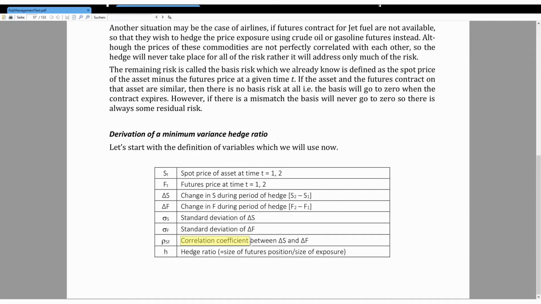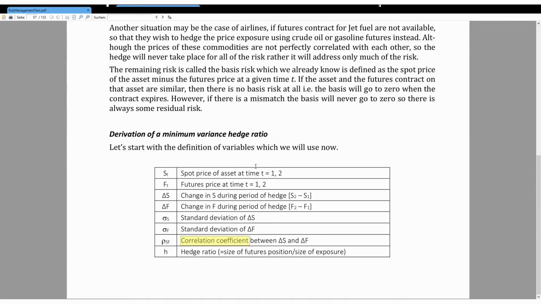If one goes up, the other one goes down. If it's positive, then they both go up most of the time. If it's exactly +1, it means those two variables are going up at the same time or going down at the same time. If it's -1, totally negative correlation, it means they're always going in opposite directions.